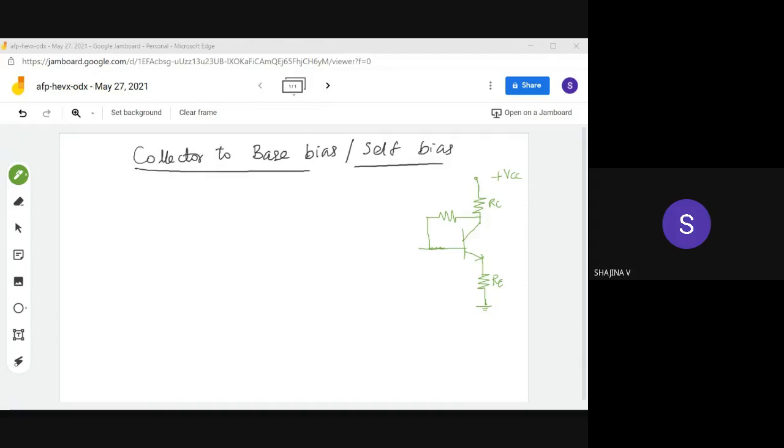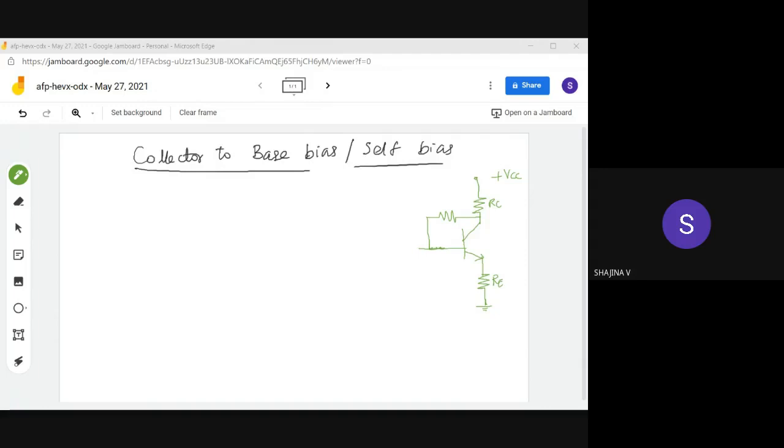So that I can write DIB divided by DIC is equal to minus RE plus RC divided by this RC plus RB plus RE.